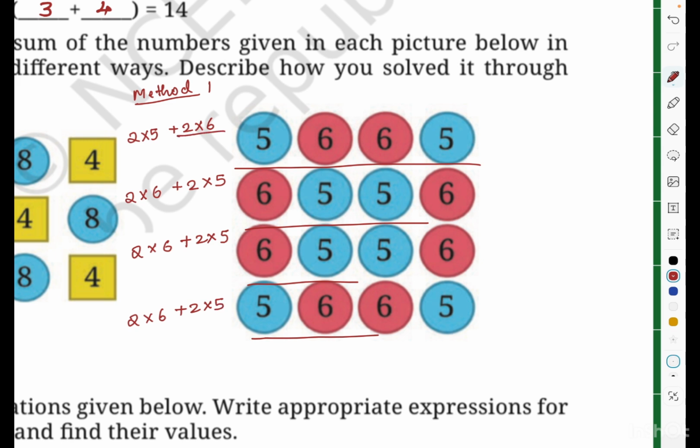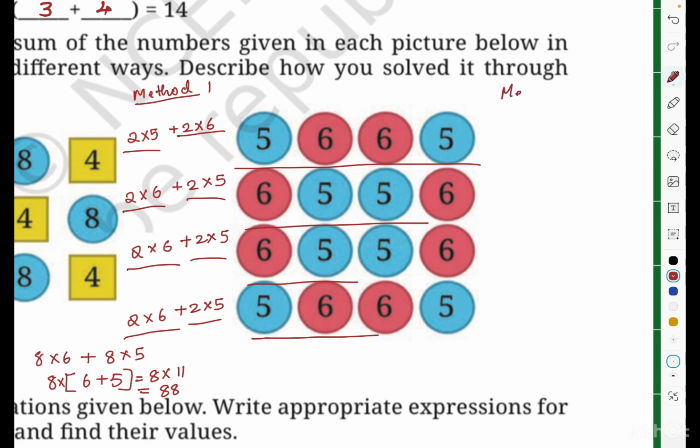So the total number of 6s is 8 and the total number of 5s is 8. So 8 multiplied by 6 plus 8 multiplied by 5 is the expression we got. Then we can take 8 outside. Then we got 8 into 6 plus 5, that is equal to 8 into 11, that is equal to 88.